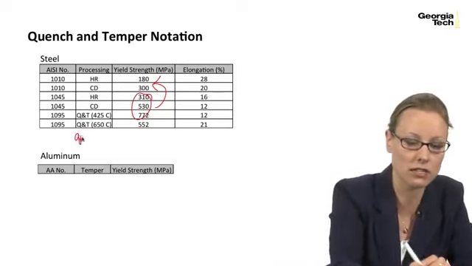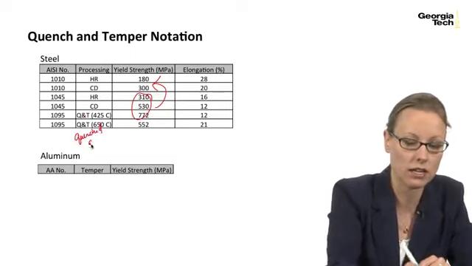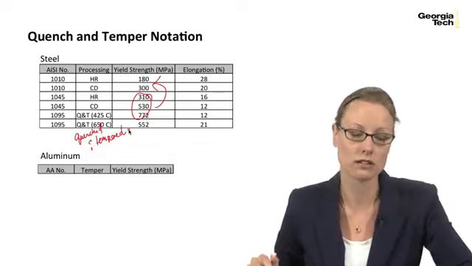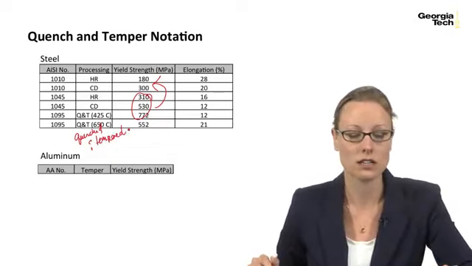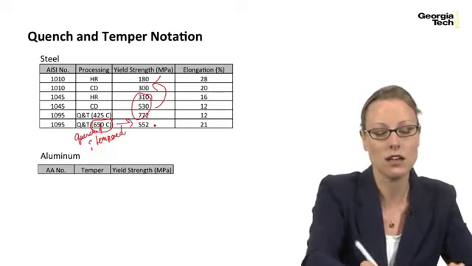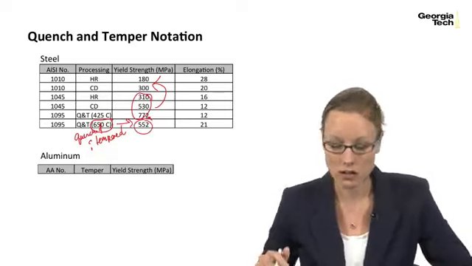It stands for quenched and tempered, and then it gives you the temperature it's tempered at. You can see much higher strengths, and again you see the steel that has the higher tempering temperature at 650 degrees C is at a lower strength.